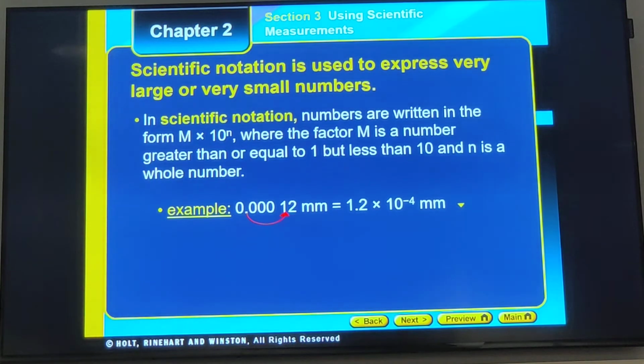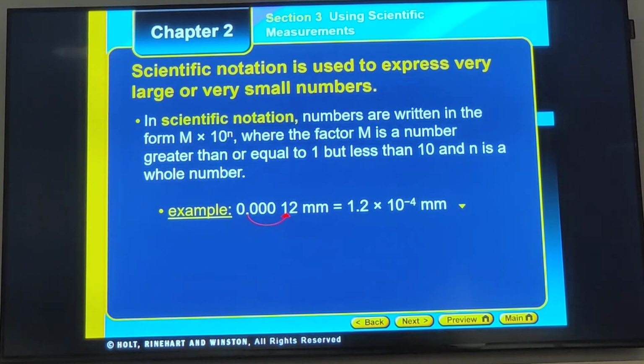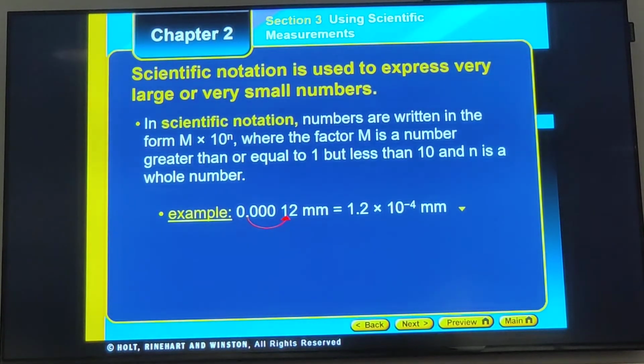And then I write down all the significant digits. Well, in that number, the only significant digits are 1 and 2, so 12. So I'm going to change it to 1.2. I moved it over so that there's only one number in front of the decimal point, and then I write down all the significant digits, so it's 1.2.